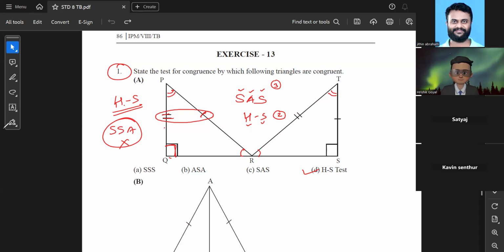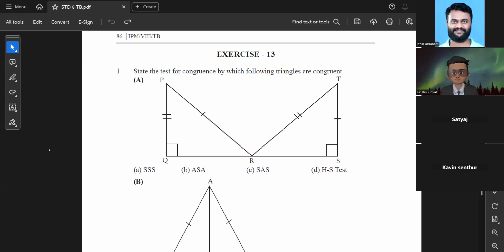My point is, for example, in this case, हाँ, just for example बता रहा हूँ. Let me say they have said that this angle is also congruent. So this congruence can be proved by HS test also. This congruence can be proved by SAS test also. है कि नहीं?